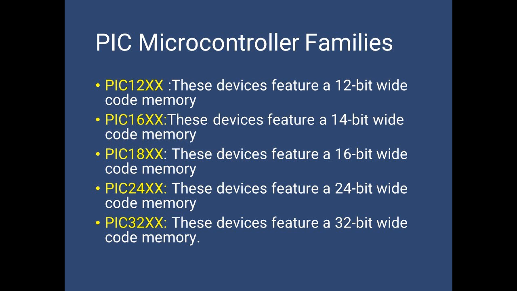The next family is PIC 24XX, which has a processing capability of 16-bit, but its instruction is 24-bit wide. And next is a very high performance microcontroller, called PIC 32. Here the computing capacity is 32-bit, as well as the instruction size is 32-bit wide.